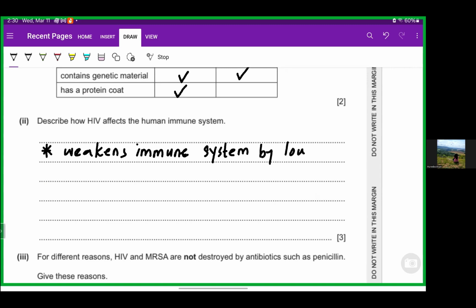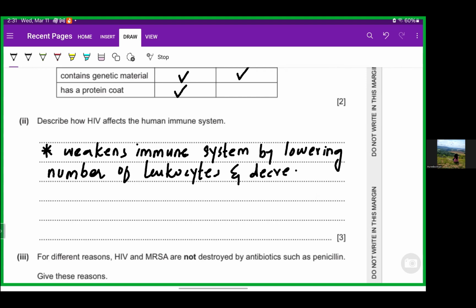Basically, they attack what? White blood cells by lowering number of leukocytes, which are your white blood cells, and decreased ability, because white cells are responsible for producing what? Antibodies, and decreased antibody production.